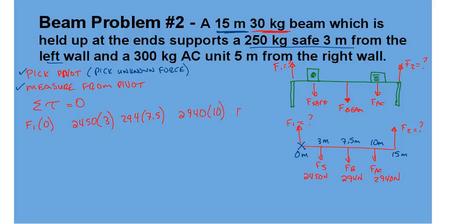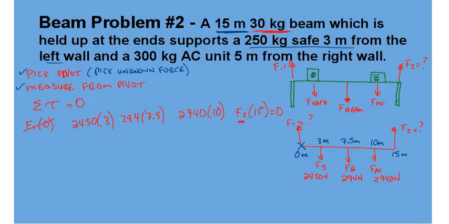And then lastly, I've got F2 at 15 equals 0. Okay? You just want to go left to right along this thing. I've got 1, 2, 3, 4, 5 forces. I better have 1, 2, 3, 4, 5 torques, preferably in order so you can keep them straight. And it's just force times distance all the way through. You can see the only unknown, at least after we let F1 times 0 be 0, is the F2 here. So real simple math to do this.